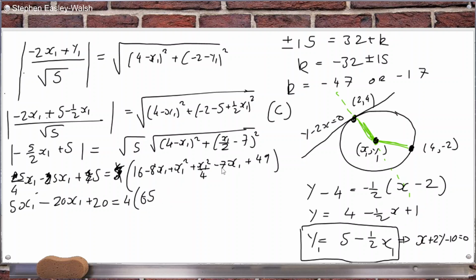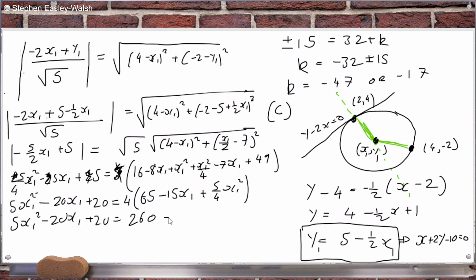Okay, and then the x's minus 15x1 plus 5 over 4 x1 squared. So multiply by 4. Okay. Oh, I lost the square there. 5x1 squared minus 20x1 plus 20 equals 260, minus 60x1 plus 5x1 squared. Oh, that's interesting.